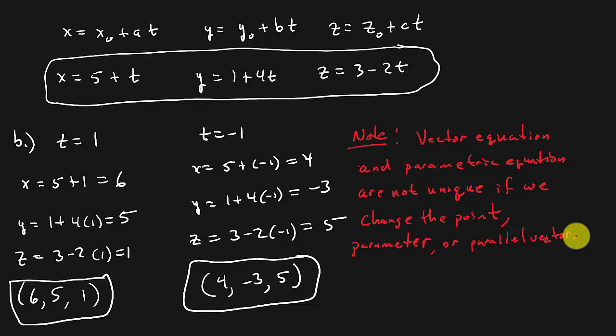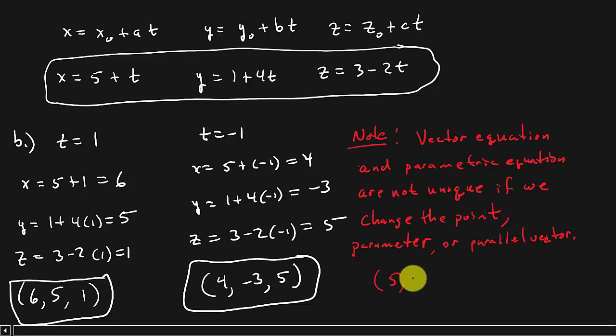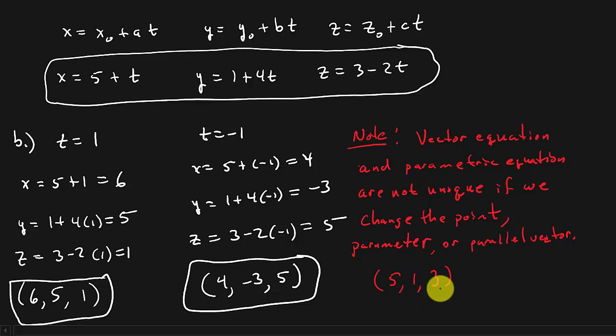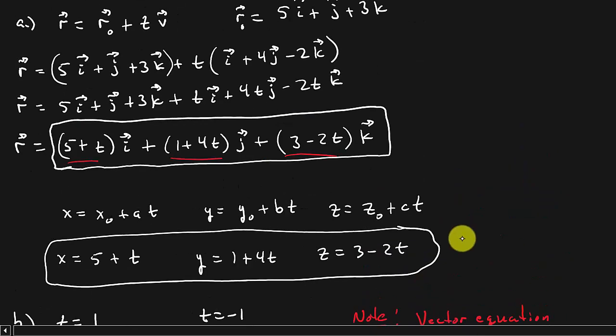So, for instance, if we use the point 5, 1, 3, then we would get different parametric equations. Well, no, I'm sorry. Wait a minute. Let's see. That's what we did do.